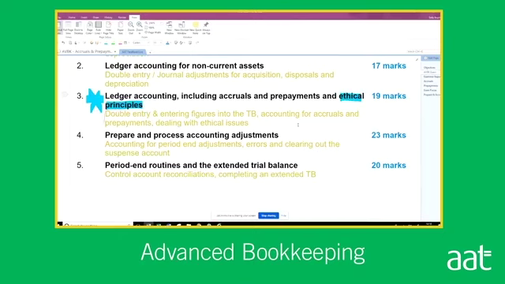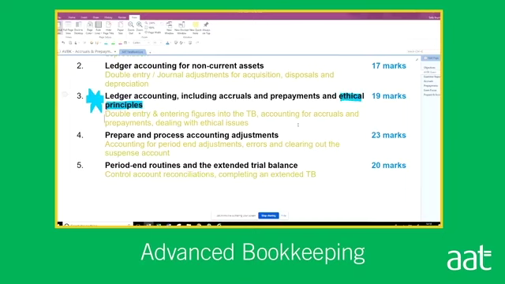And then finally, it's dealing with completing that extended TB, so taking the balances in the TB, dealing with the necessary adjustments, and then carrying them through into the profit and loss columns or into the financial position. And then fingers crossed that the profit that you've calculated in the P&L columns follows through into the financial position, and it all balances. So in all, that's worth 20 marks.